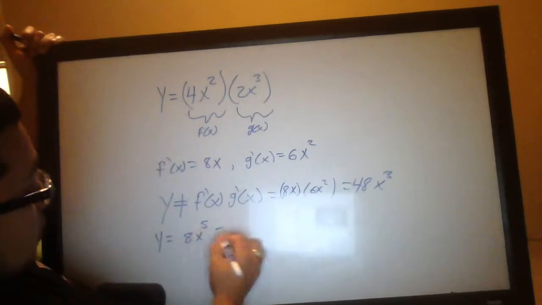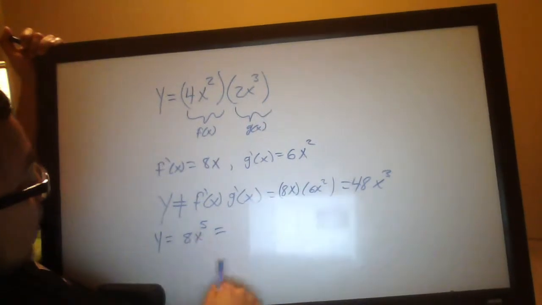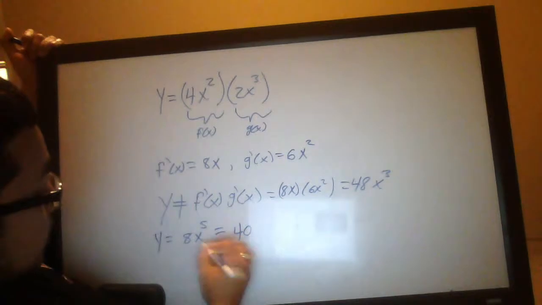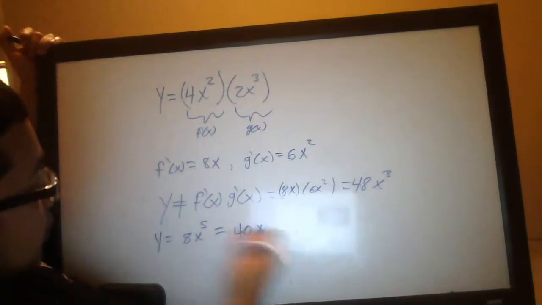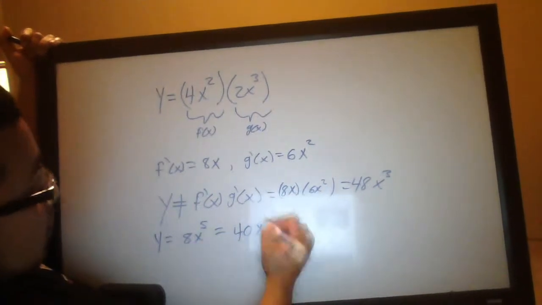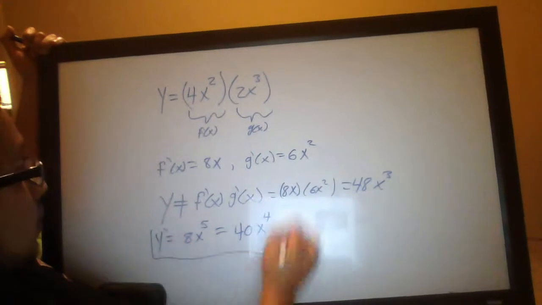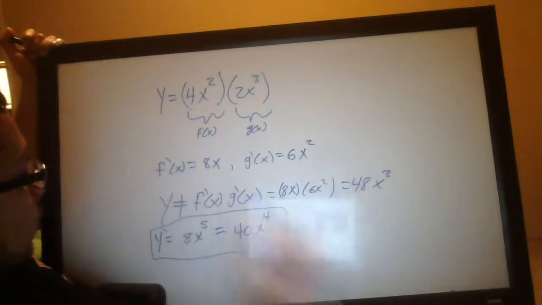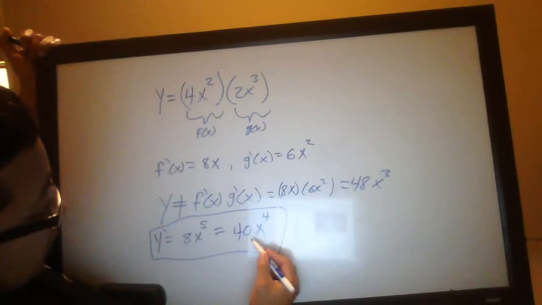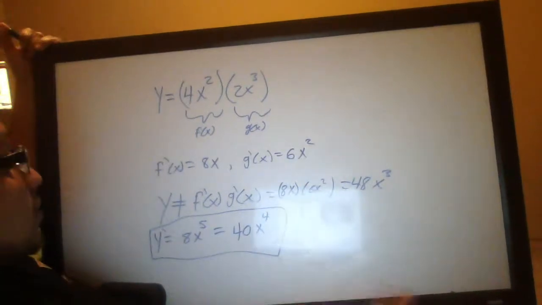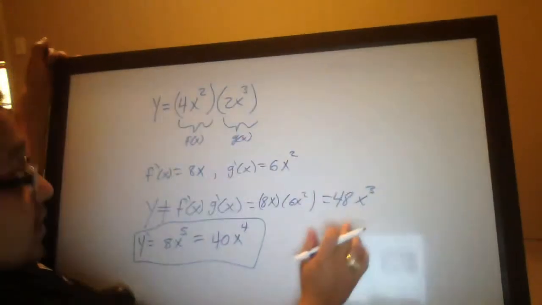Take the derivative of this guy. 5 times 8 is 40. Write the variable x. 5 minus 1 is 4. So this is the proper derivative. And as you can see, that is not equal to this.